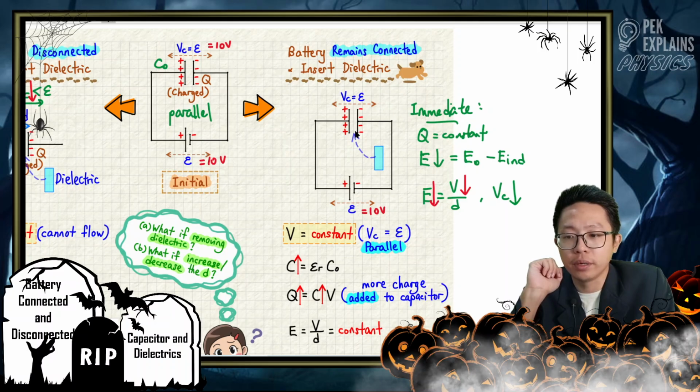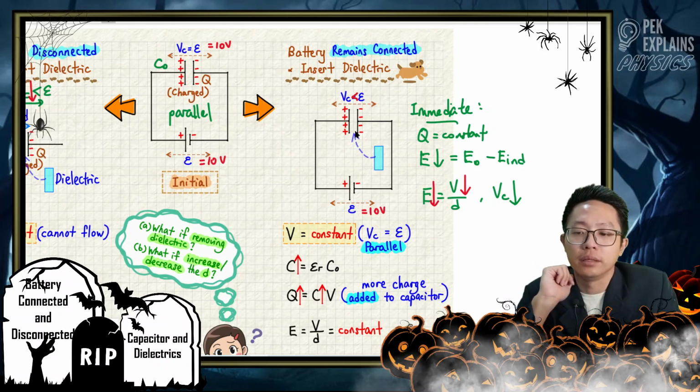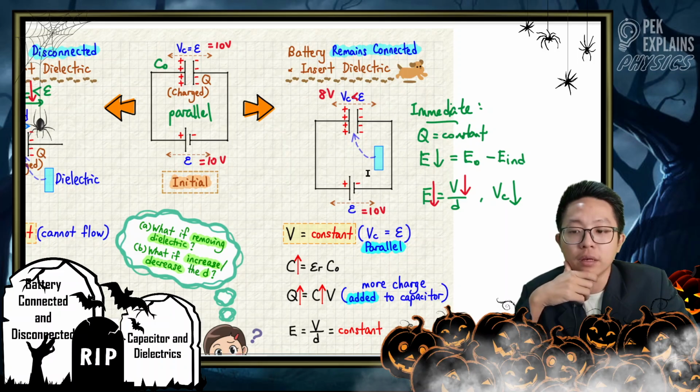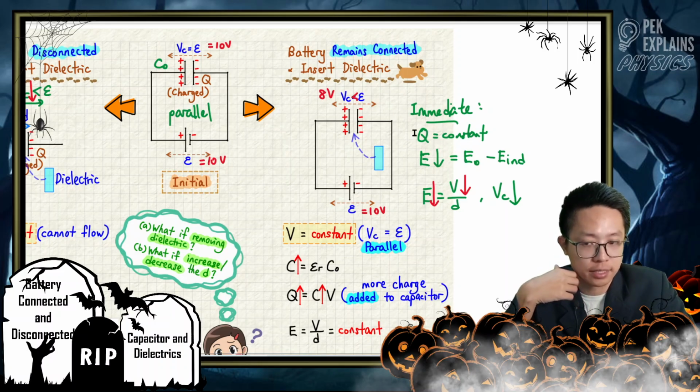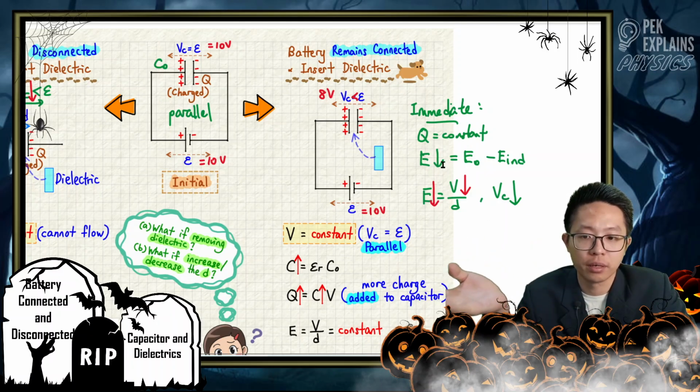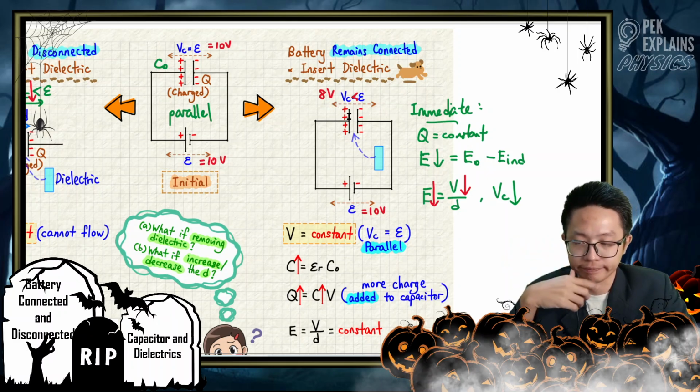The capacitor will suddenly drop in voltage because of the dielectric, because of the cancelling of the electric field strength. Electric field decreases, voltage also decreases, to 8.